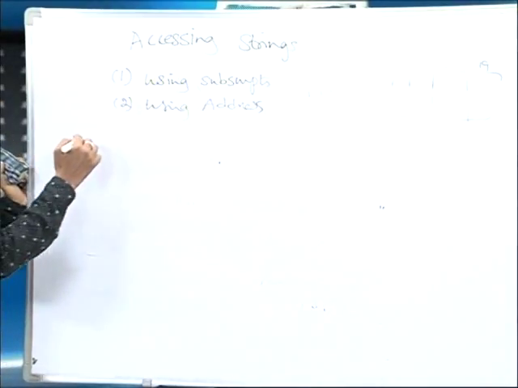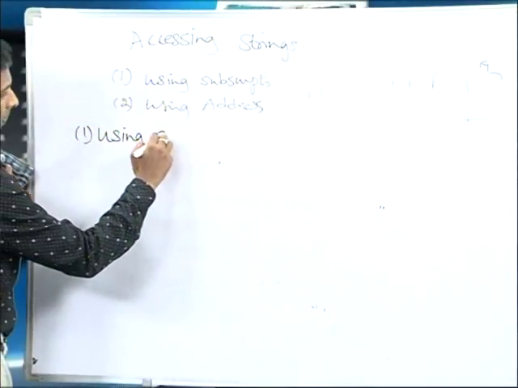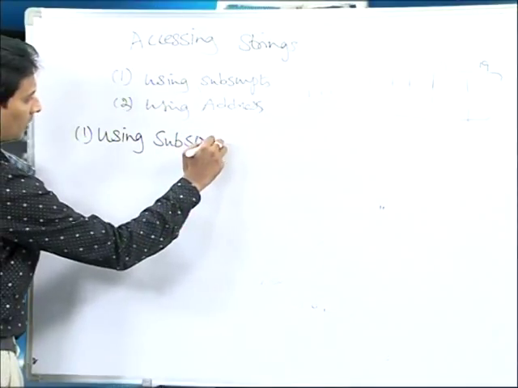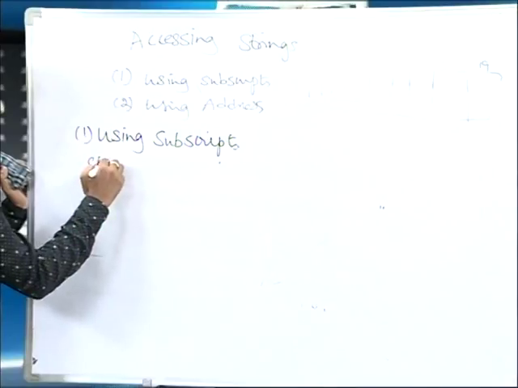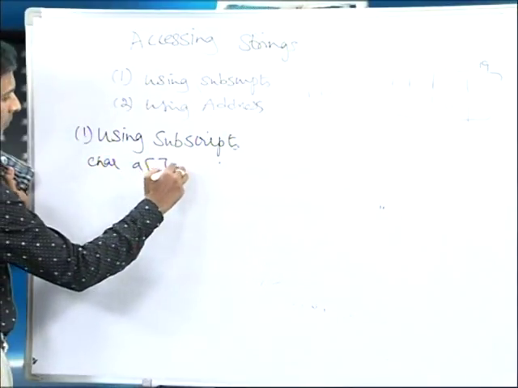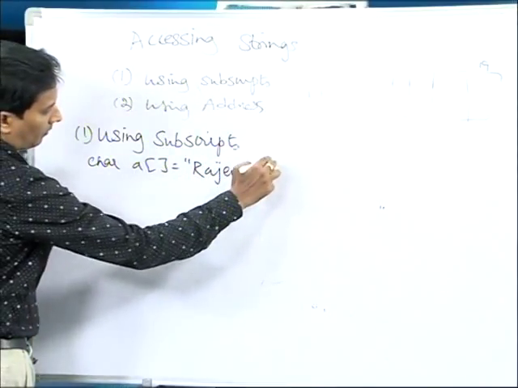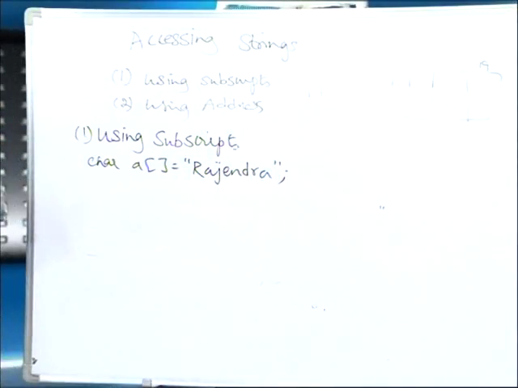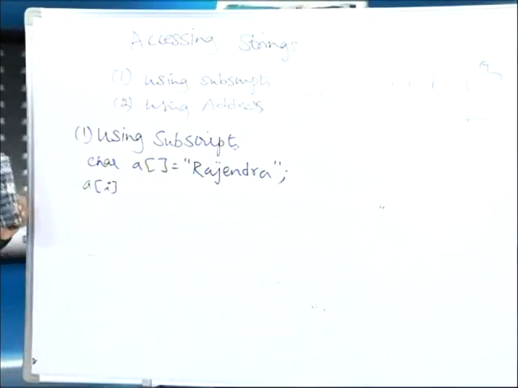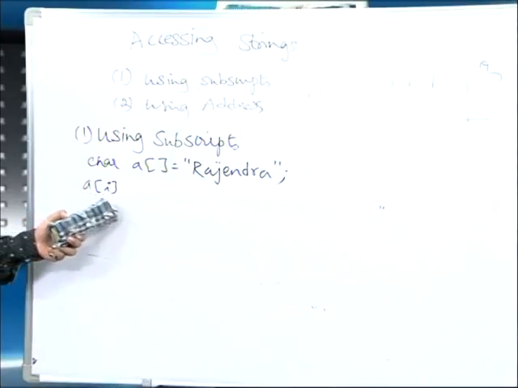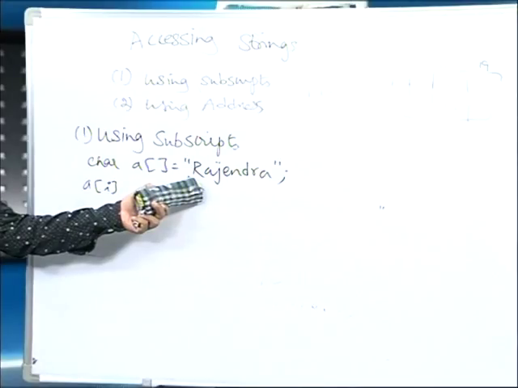So, by using subscripts, the example is char A, where A of I indicates the character at subscript I. If I equals 0, it represents the first character.